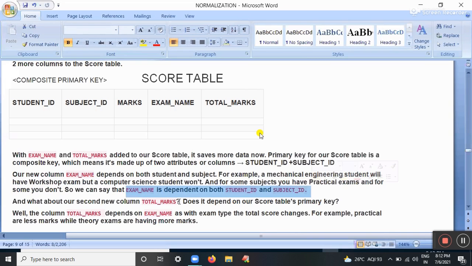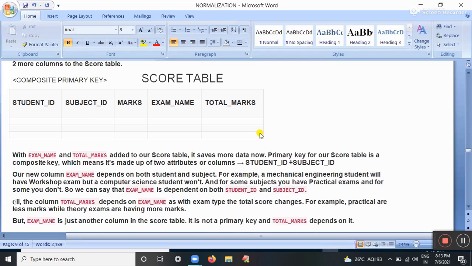So based on your examination type, your total marks will be changing. For example, practicals have less marks, theory exams have more marks, then automatically your total marks will be changed. Yes or no? So practicals are less, 25, theory 75, then total 100.